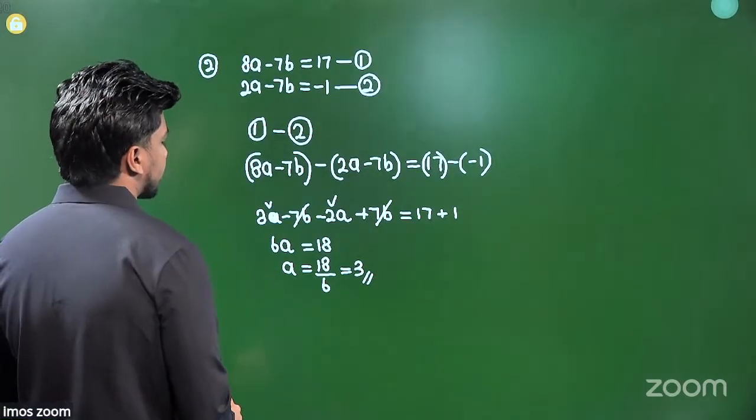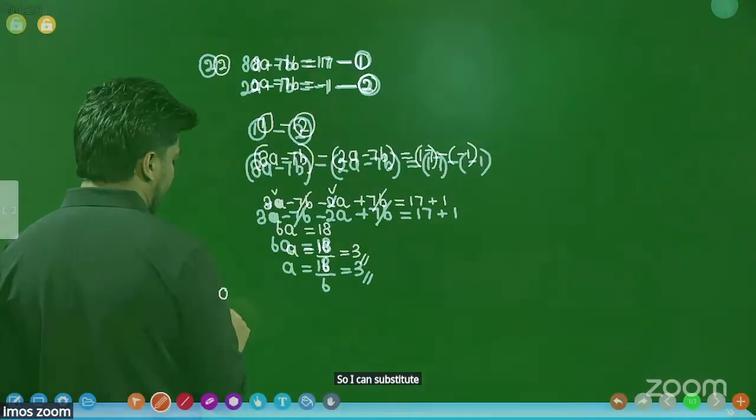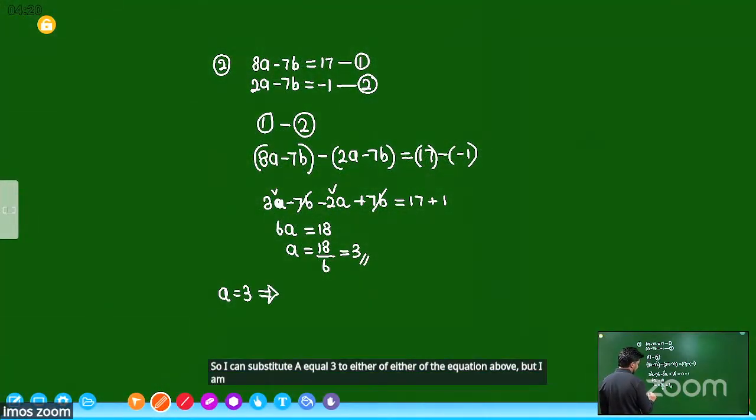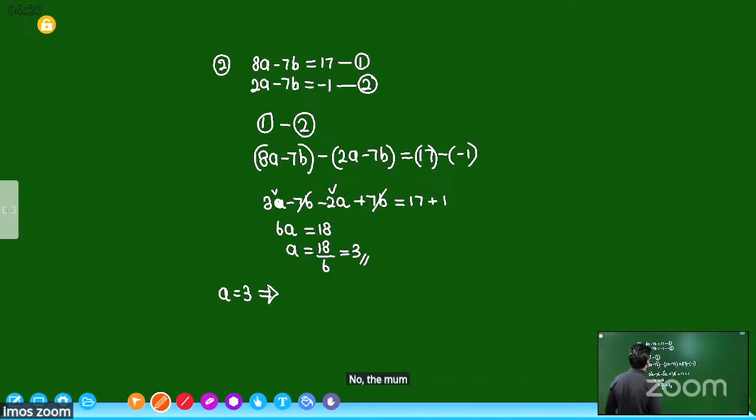I can substitute a equals 3 into either of the equations above, but I am being tricky. Multiplying 8 by 3 is harder, while 2 by 3 is easier, so I substitute into the second equation. Twice a minus 7b is equal to minus 1.